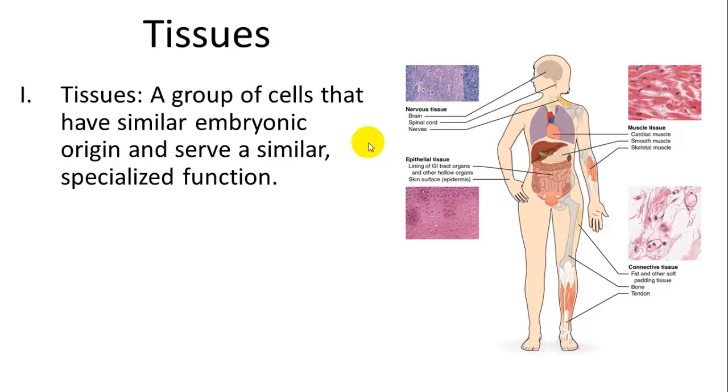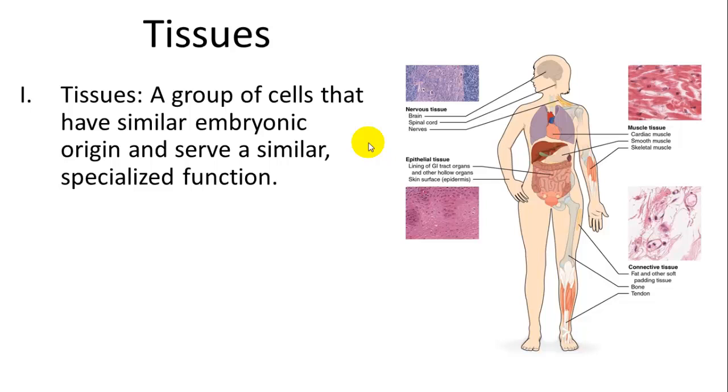They have a similar embryonic origin and generally serve the same function, right? In the liver, a group of cells are all there to help carry out the functions of the liver, whether it's to store glycogen or to filter the blood and so on and so forth.